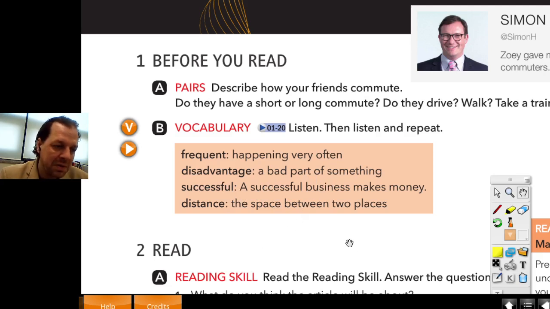Okay, one disadvantage of taking the bus is that I have to wait on traffic. I don't know. Buses are pretty good. Successful. A successful business makes money. Successful just means something that creates success or good things, prosperity. And distance is the space between two places.